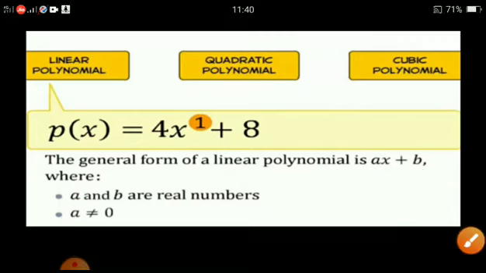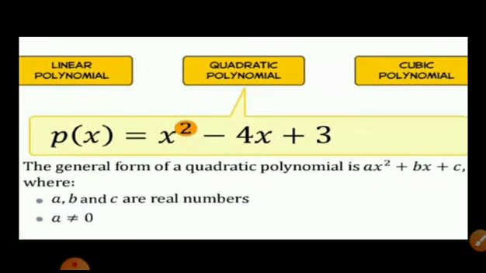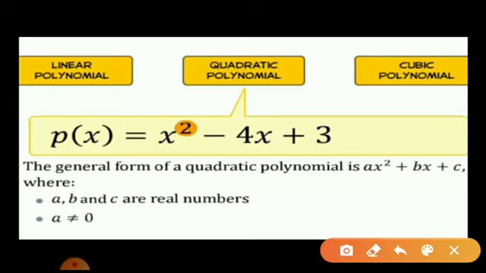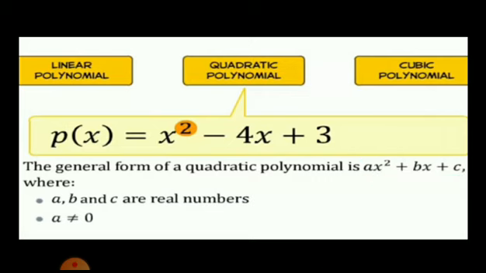Similarly, a polynomial of degree 2 is called a quadratic polynomial. Here it is x square minus 4x plus 3. The general form of a quadratic polynomial is ax square plus bx plus c. a, b, c are real numbers while the coefficient of x square should be non-zero.